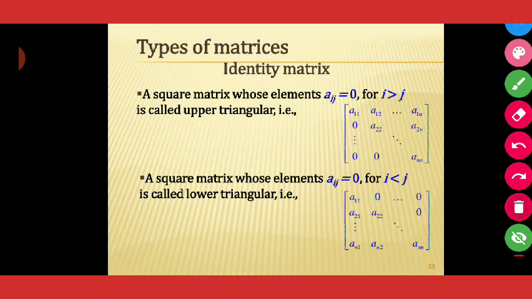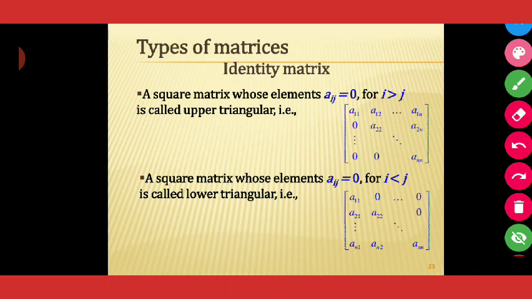A square matrix whose elements aij = 0 for i > j is called an upper triangular matrix. That means in a matrix, if the elements below the principal diagonal are 0 and those above are not 0, then the matrix is known as the upper triangular matrix.